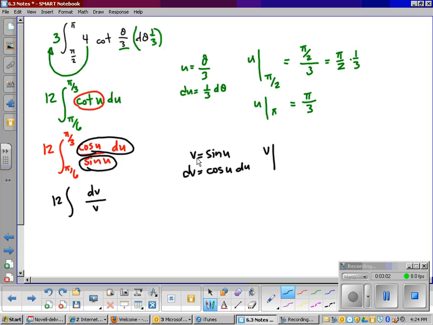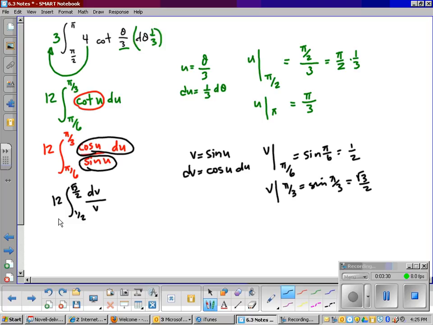If I evaluate v at the lower bound, pi over 6, then I'm looking at sine pi over 6. Use your hand trick for that, and you see that sine is 1/2. I evaluate v at the upper bound, which is pi over 3, which means sine pi over 3. Again, using your hand trick, you see that sine pi over 3 is the square root of 3 over 2.